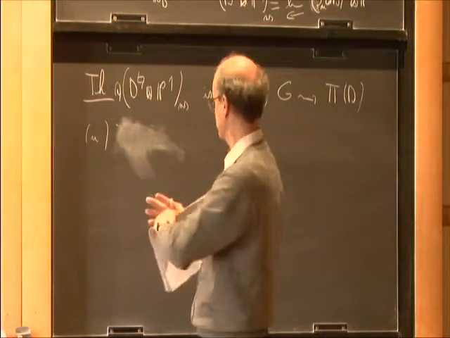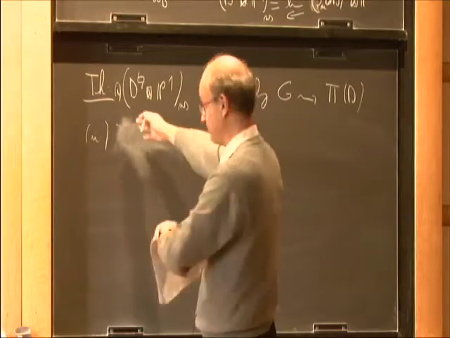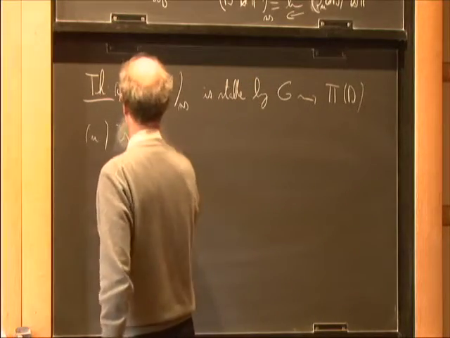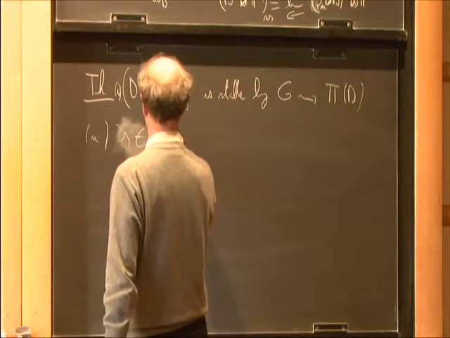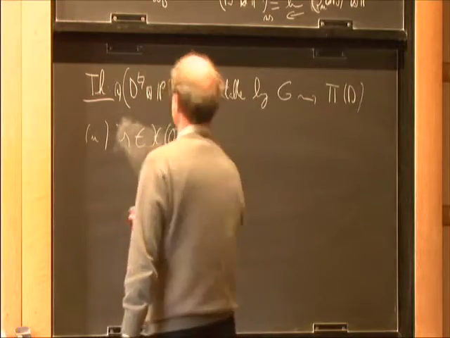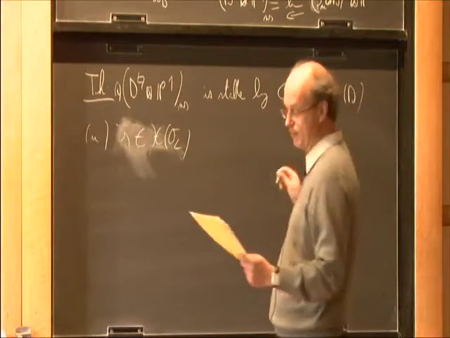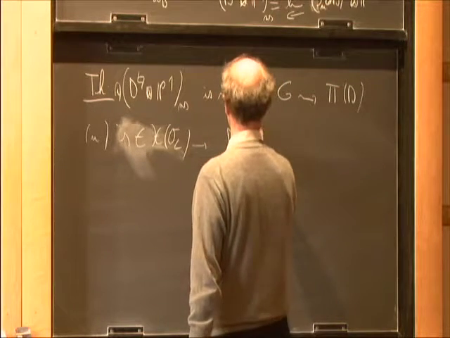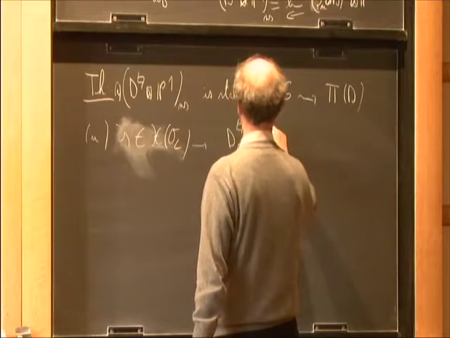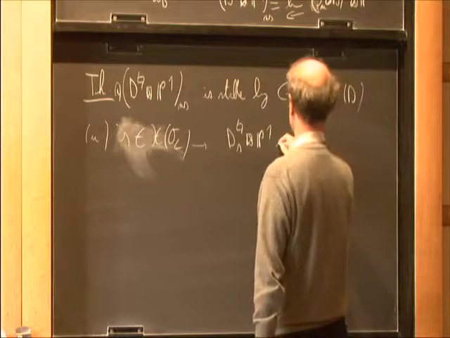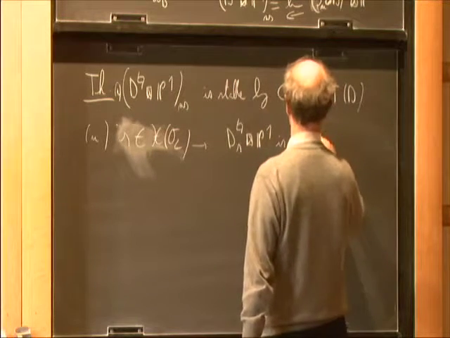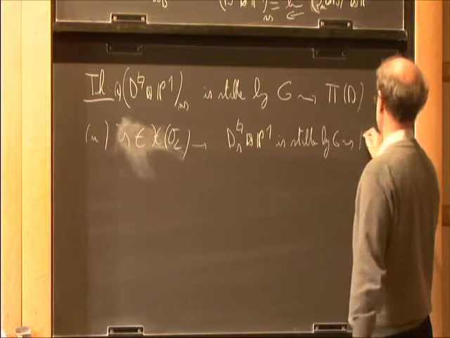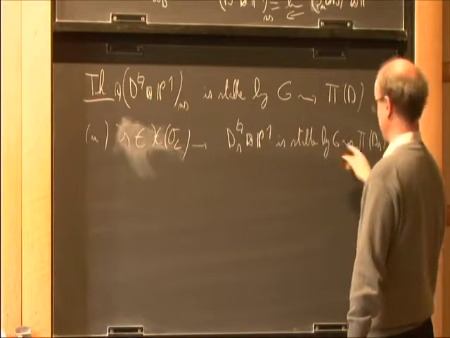Let me write something and then I explain what I want to say. So if you take some element S in X, then this DS natural cross P1 is stable by G. So you have a pi of DS by taking the quotient.